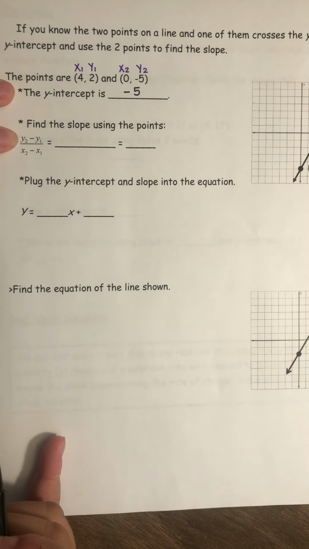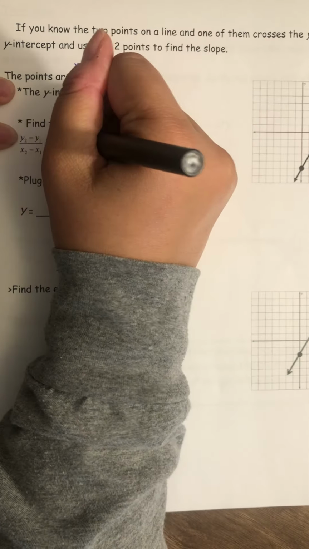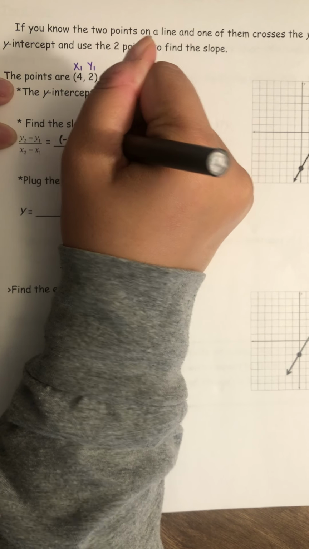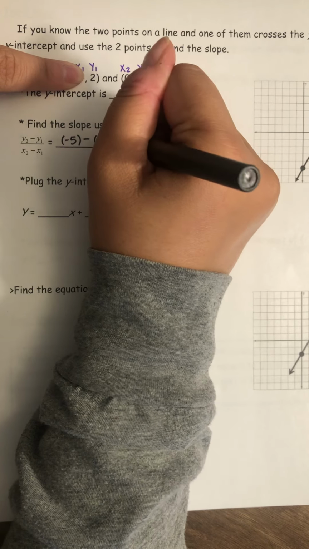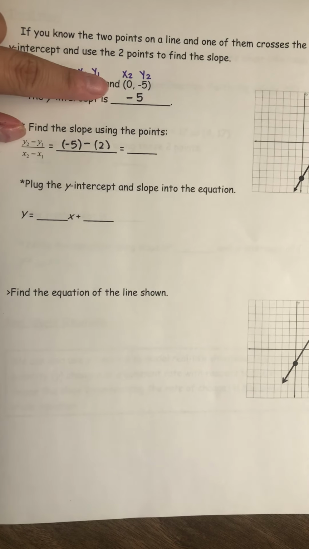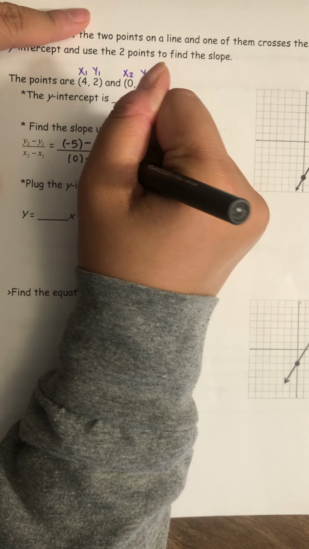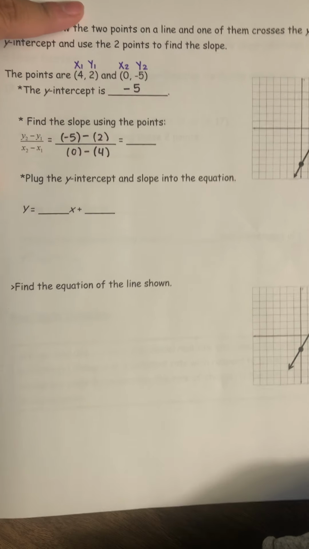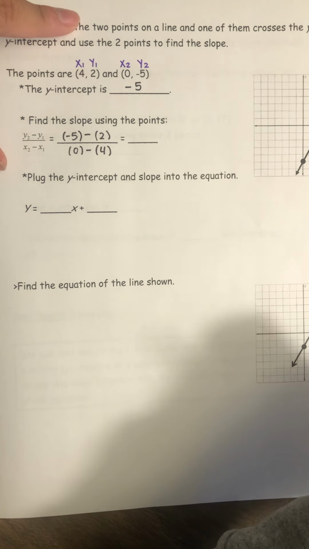So now I'm just going to go ahead and substitute those values. So y2 we said is -5 minus y1, which is 2, and then x2 is 0, and x1 is a 4. And then I will go ahead and solve.